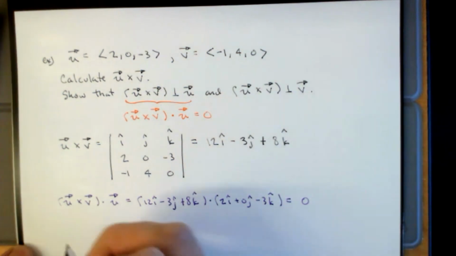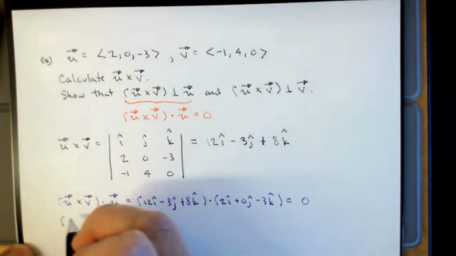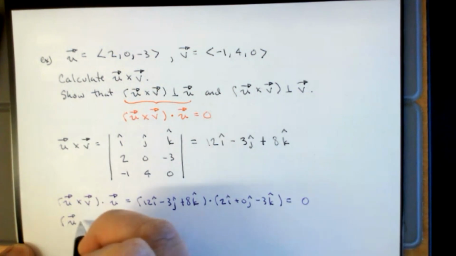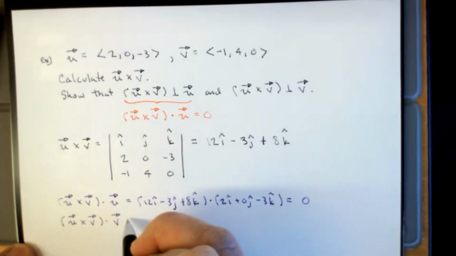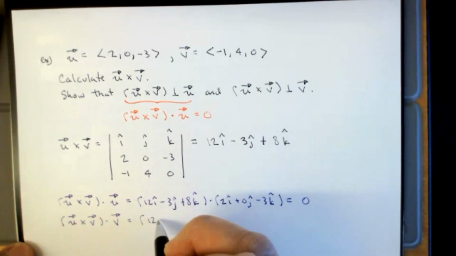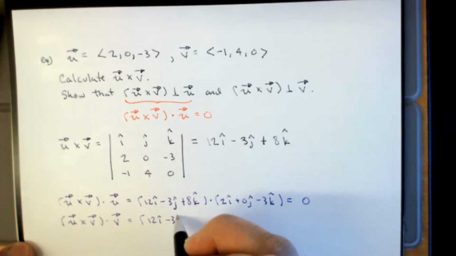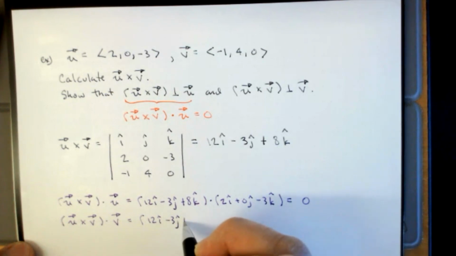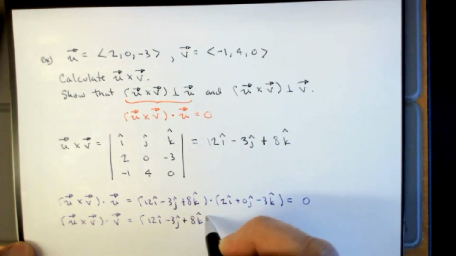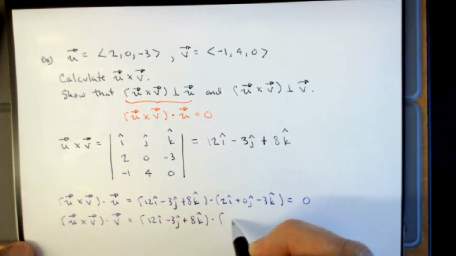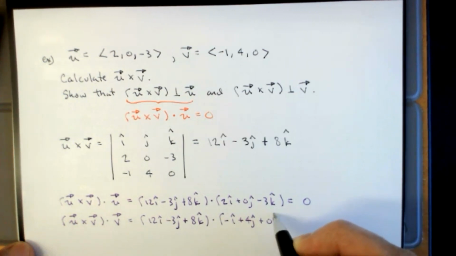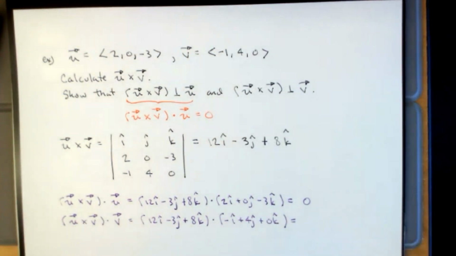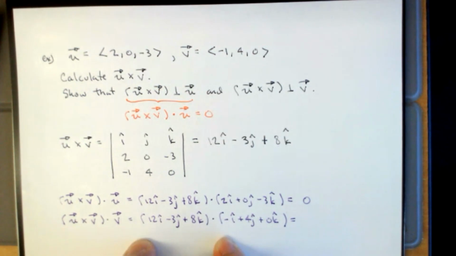Now that I've got the right coefficient of k, I can check U cross V dot V. I'll have negative 12.